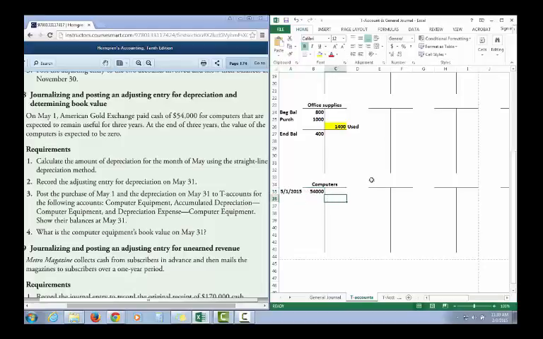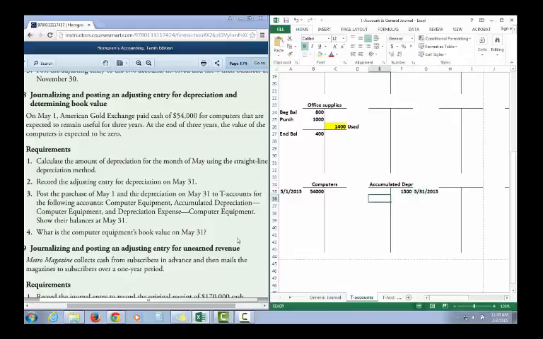We recorded depreciation, and that's going to be kept up in a different account. So accumulated depreciation over here, we're going to credit that $1,500. And those are our balances in our T accounts. So we've got computers and accumulated depreciation.